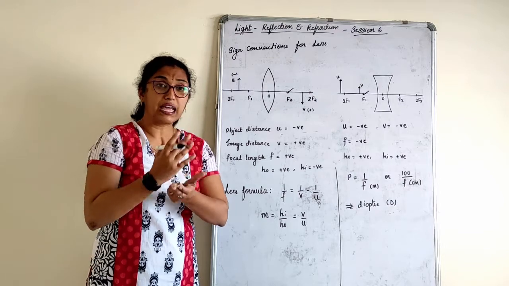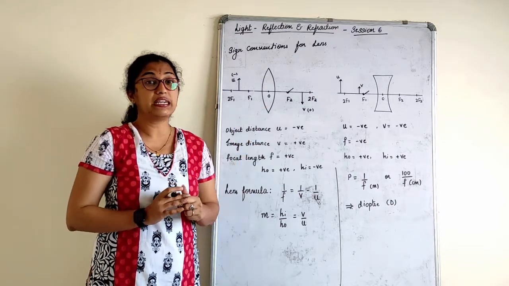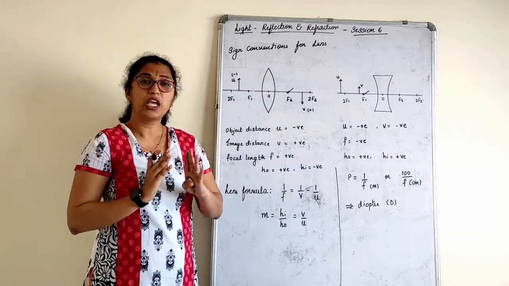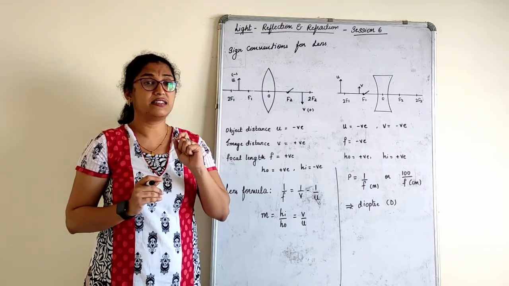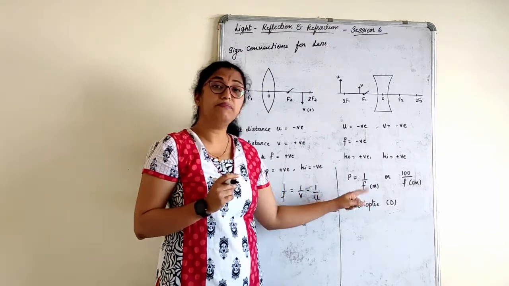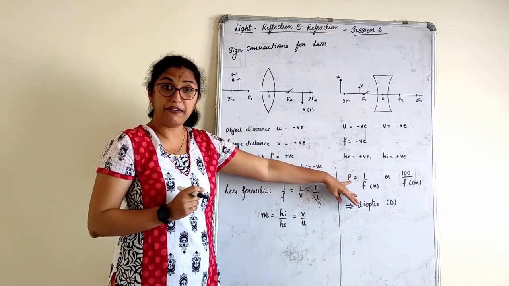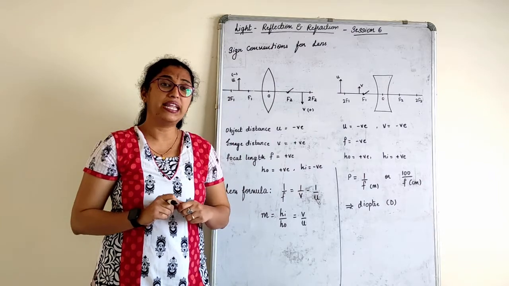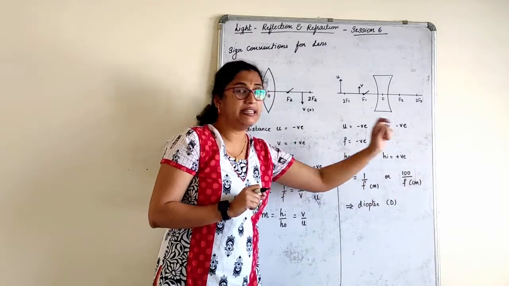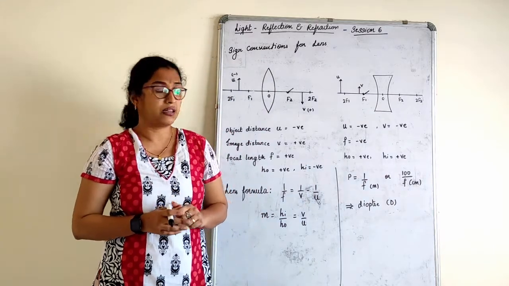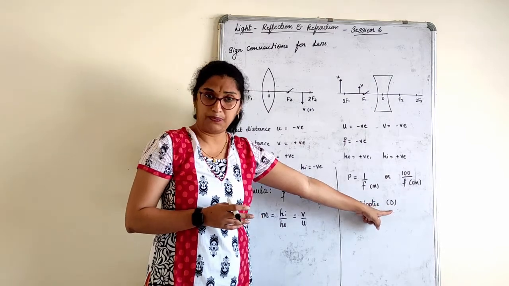For what type of power, what type of lenses are used? You'll study that in the next chapter, children. But here we only understand the definition of power. It is simply the reciprocal of the focal length in meters. That means focal length should always be in meters for power. In case the focal length is in centimeters, then the formula is 100 upon focal length in centimeters. Direct formula. Power is measured in diopter, written as capital D.